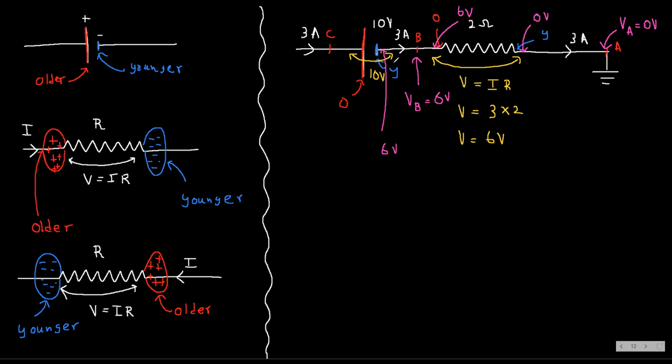What is the age difference of younger and older? 10 volts. So what is the age of the older one? It's 16 volts. Because of that, VC is equal to 16. Is it clear or not?